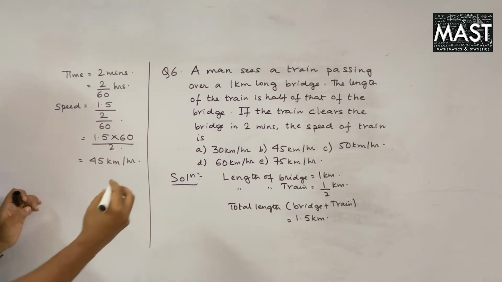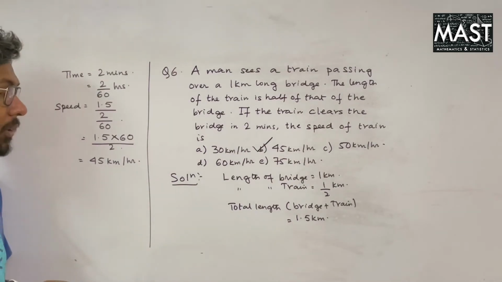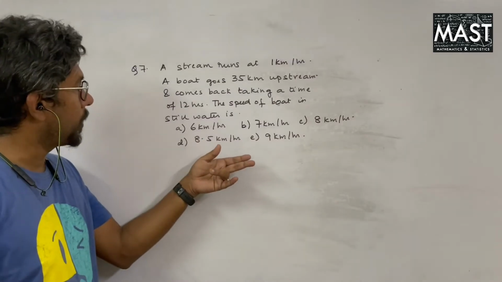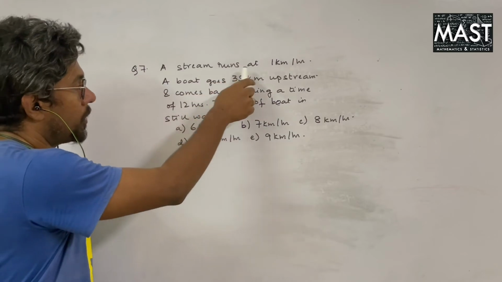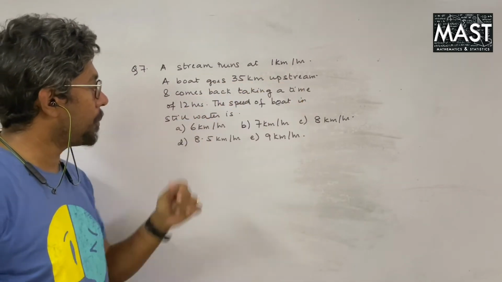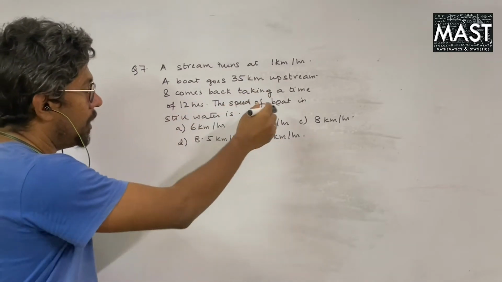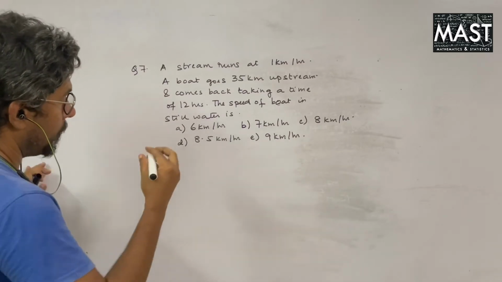So the speed will come out as 45 kilometer per hour, which is option B. The next question is, a stream runs at 1 kilometer per hour. A boat goes 35 kilometer upstream and comes back taking a time of 12 hours. The speed of boat in still water is.